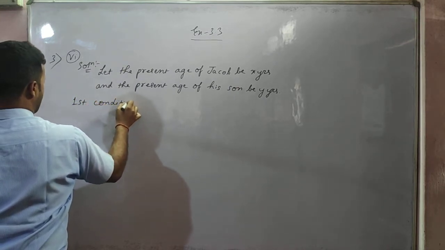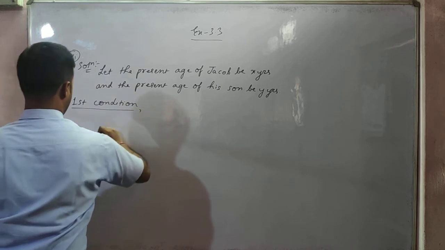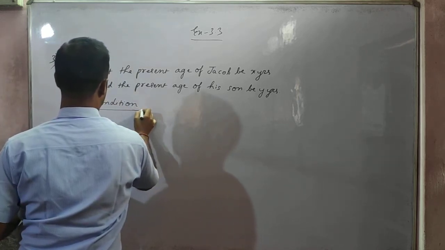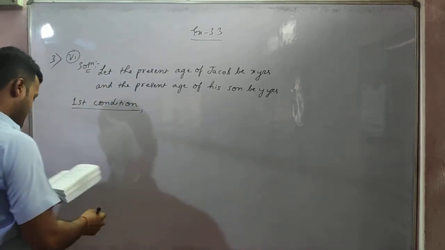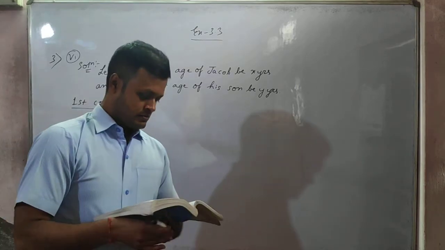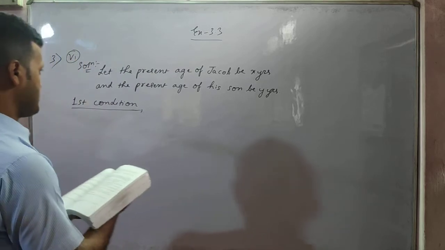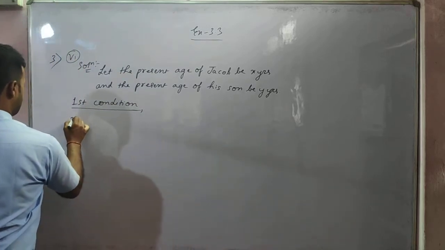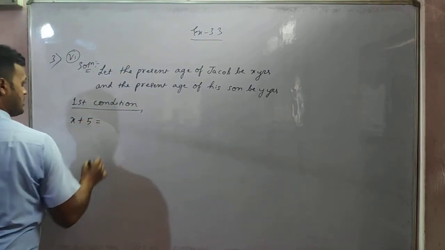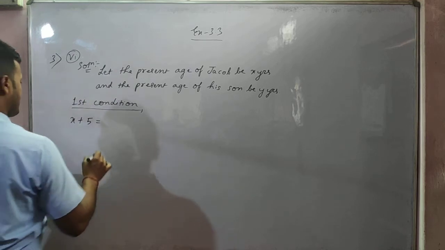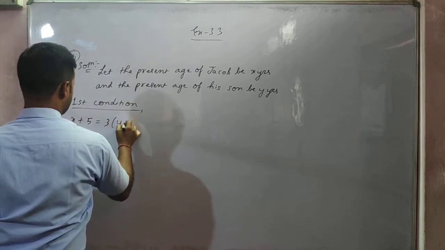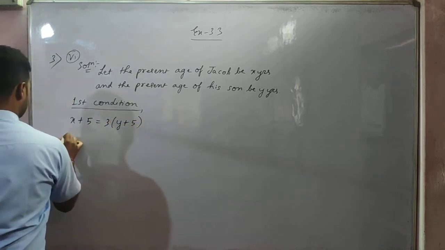First condition: 5 years hence, the age of Jacob will be 3 times that of his son. 5 years hence means after 5 years. After 5 years, the age of Jacob will be 3 times that of his son.